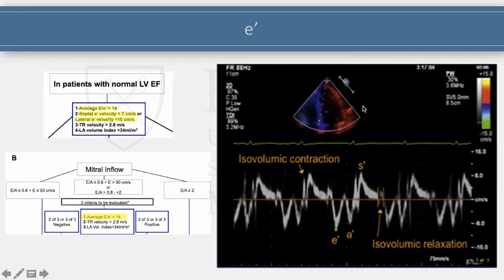If we went back and looked at that patient with amyloid, sometimes this just jumps off the screen. Without even doing the measurement, you can just see that there's no relaxation. It's just not moving in that direction at all during diastole. You don't even need the measurements before you know you're going to have a low E prime velocity. And so for me, this made sense, but there are limitations here too.